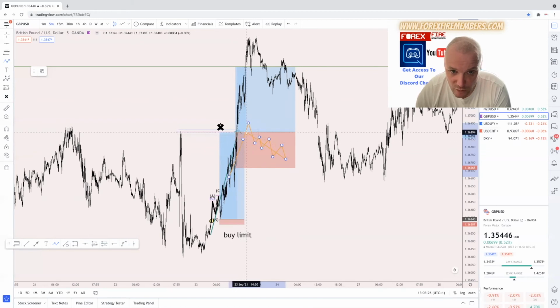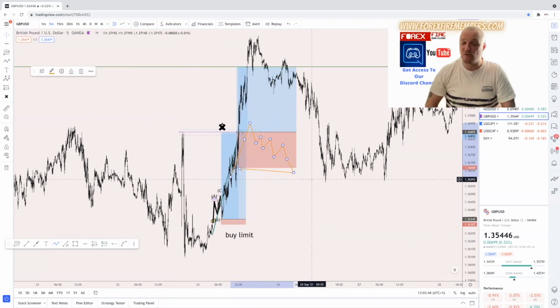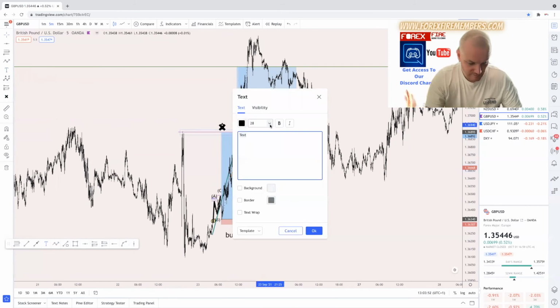If price was to break through the area where you were anticipating it to smash through, giving you a buy stop, but then reverses on us and comes down and hits that area there, you will be stopped out on the risk to reward parameter that you had set. Okay, so then that one would become our buy stop.